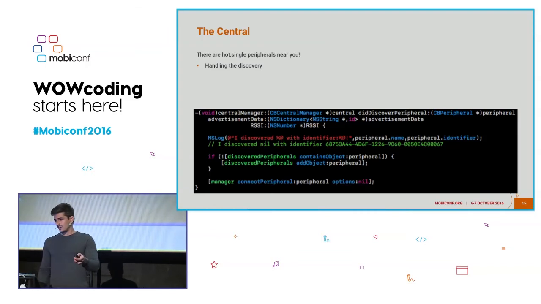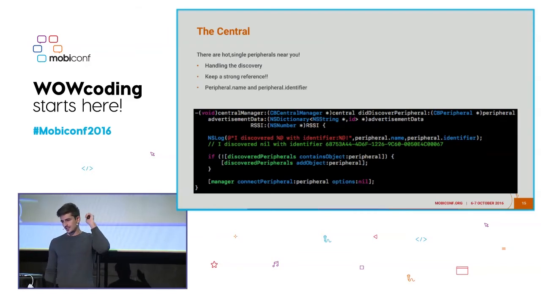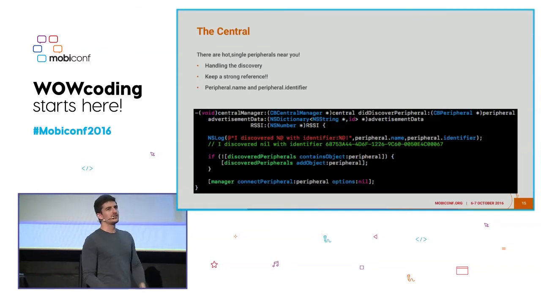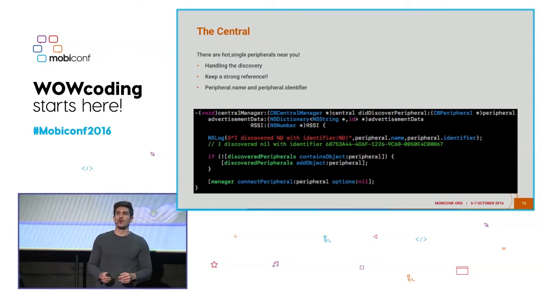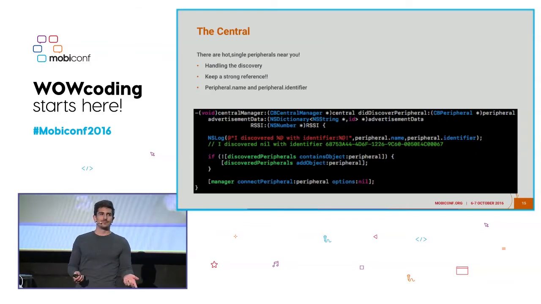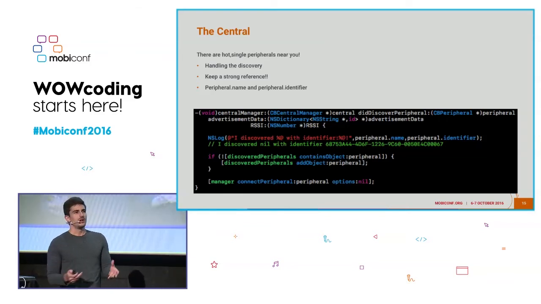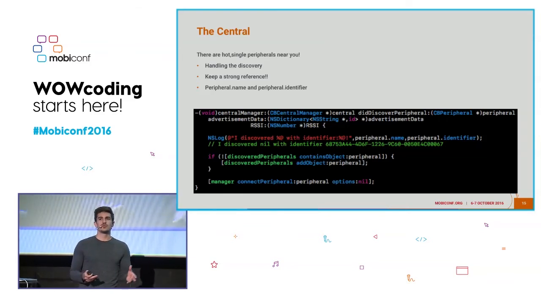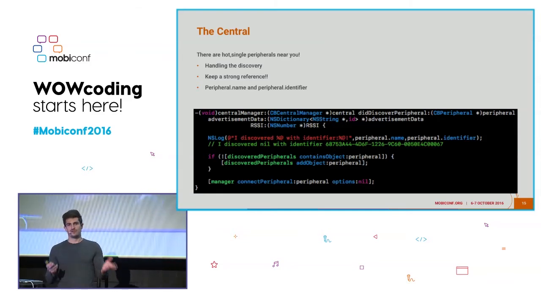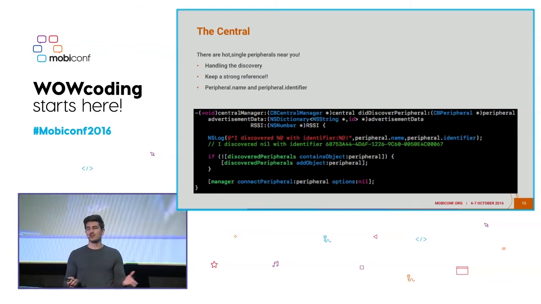Another thing to talk about is the naming and the identifier. Those two are very, very important. Why? In our case, we had to have a PIN code to set up, and we decided the best way to do that was to include it in the name. So we would have device 1234, and that would be its setup PIN code.